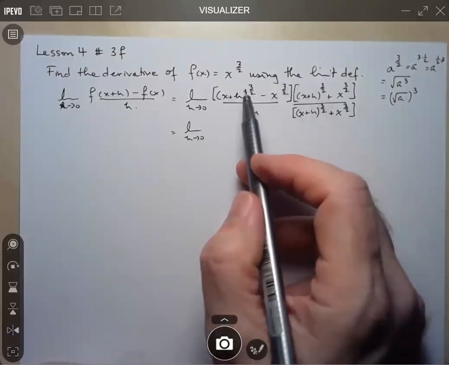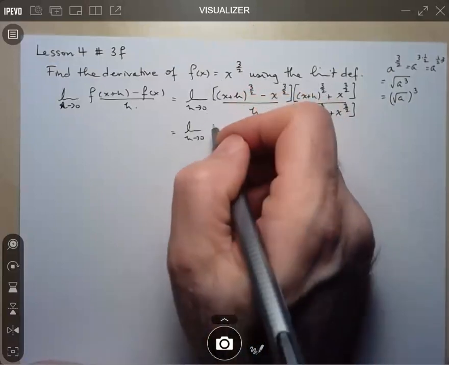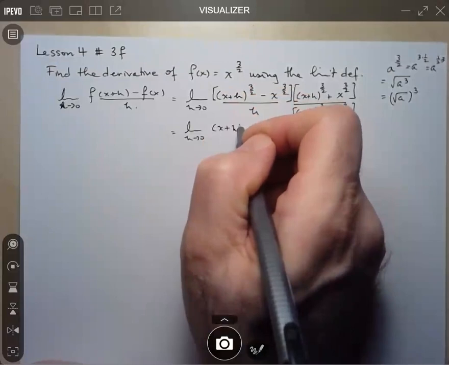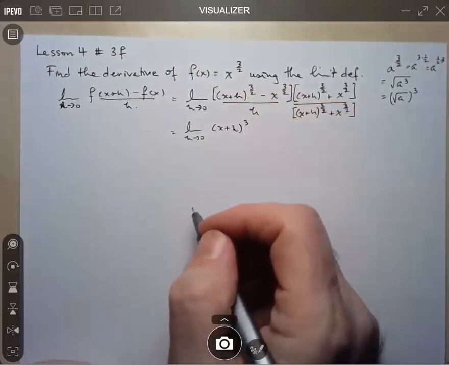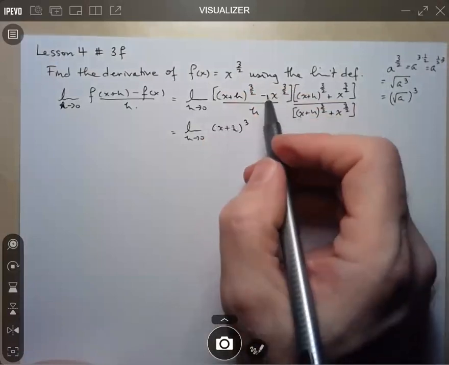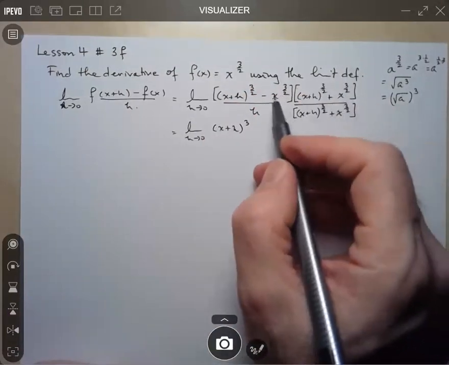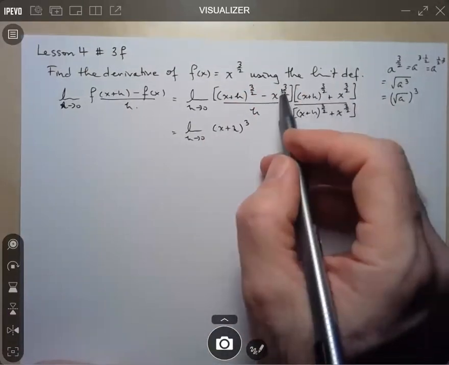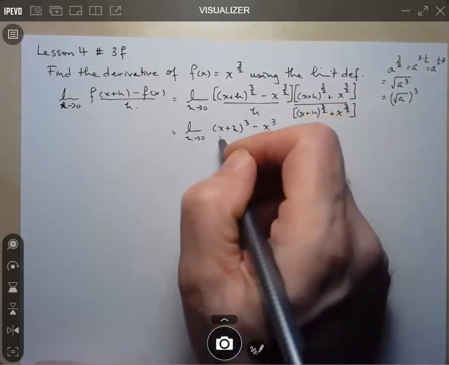And what is 3 over 2 plus 3 over 2? It's 6 over 2, or 3. So that just becomes x plus h cubed. And so this now becomes something that I can actually work with. And then here, when I multiply x to the 3/2 times x to the 3/2, same thing, two powers with the same base, I can add the exponents. So this is going to be minus x cubed.